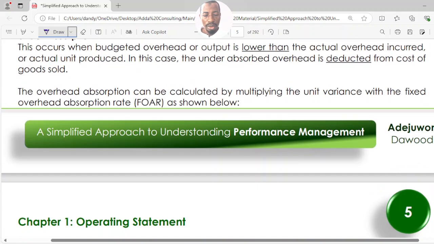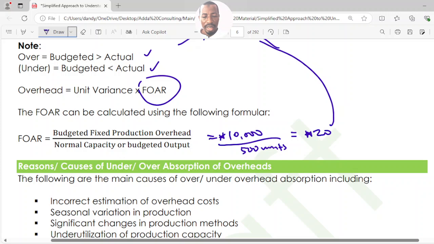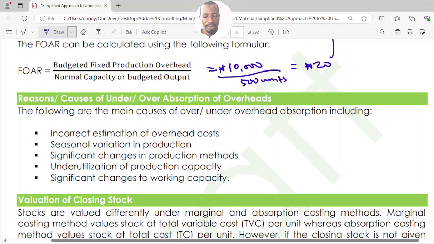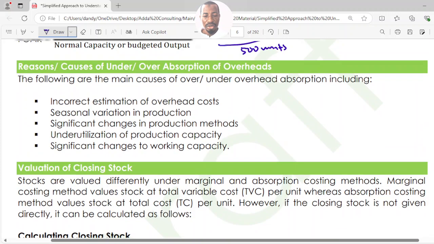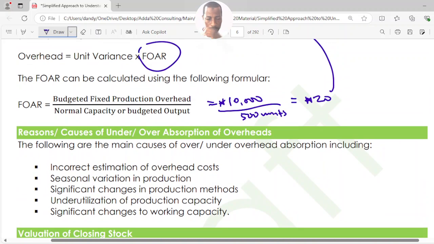So the next thing we want to talk about now is the reconciliation statement. Of course, you can just go through the causes or reasons for overhead absorption. One of the reasons, what causes under or over absorption, is the fact that there could be incorrect estimates of the overhead.